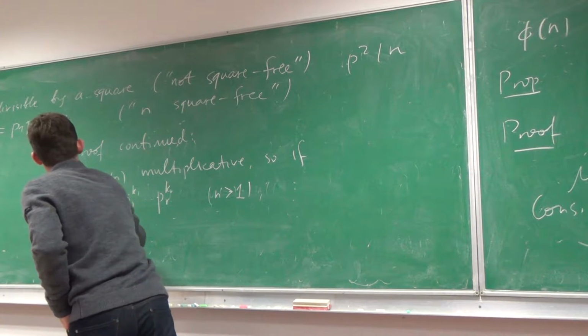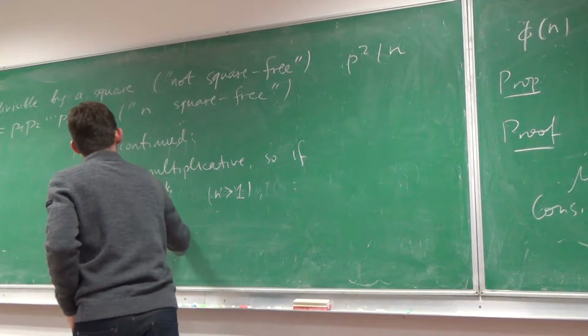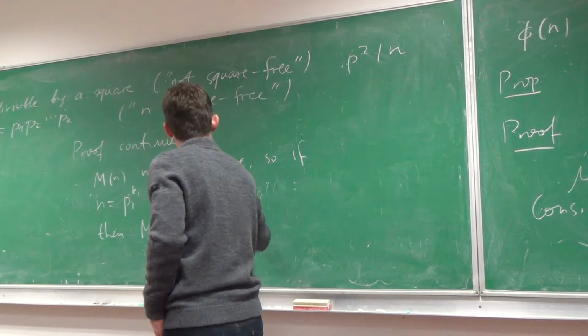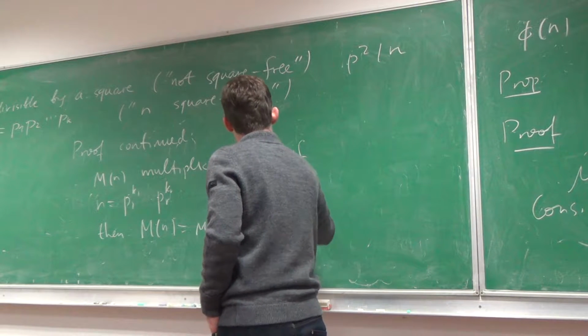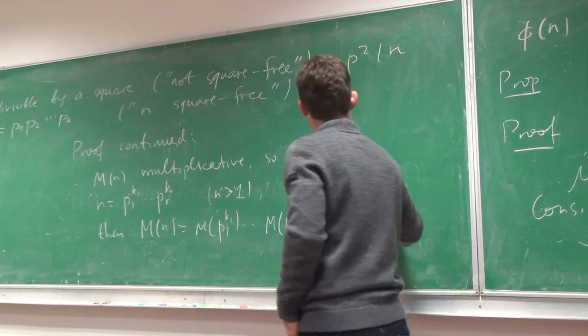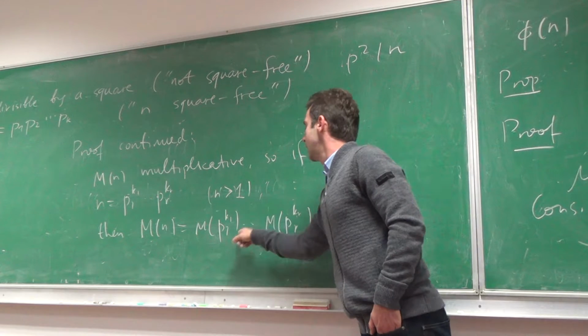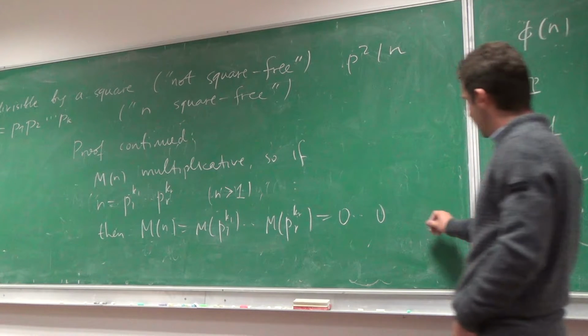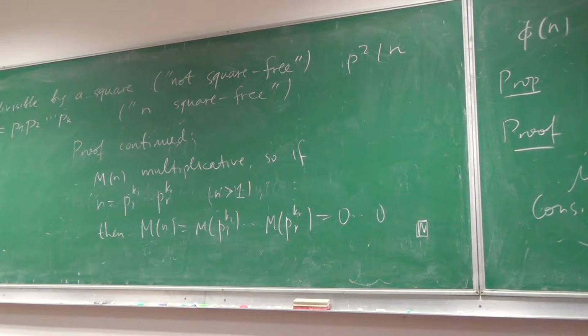Then m of n is the product of those, so m of p1 to the k1 up to pr to the kr, and now you see all of them are 0. As soon as we have a single factor here, by this computation, each of them is 0. So this finishes the proof. We use multiplicativity and control the prime powers.